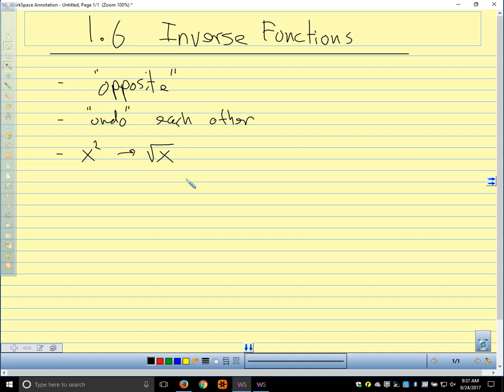The inverse of adding 2 is subtracting 2. The inverse of multiplying by 5 is dividing by 5. Division is the inverse operation of multiplication, et cetera. The inverse of a square function is a square root function. So we use inverse functions without even realizing it. The idea with an inverse function is that whatever one does to x, the other undoes.